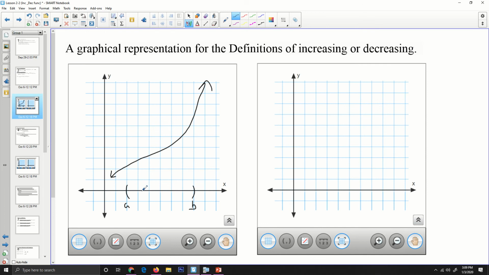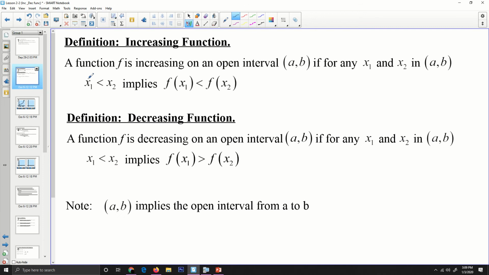I'm going to pick this point right here, I'm going to call it x1. I'm going to pick this point right here, I'm going to call it x2. And clearly, x1 is less than x2.